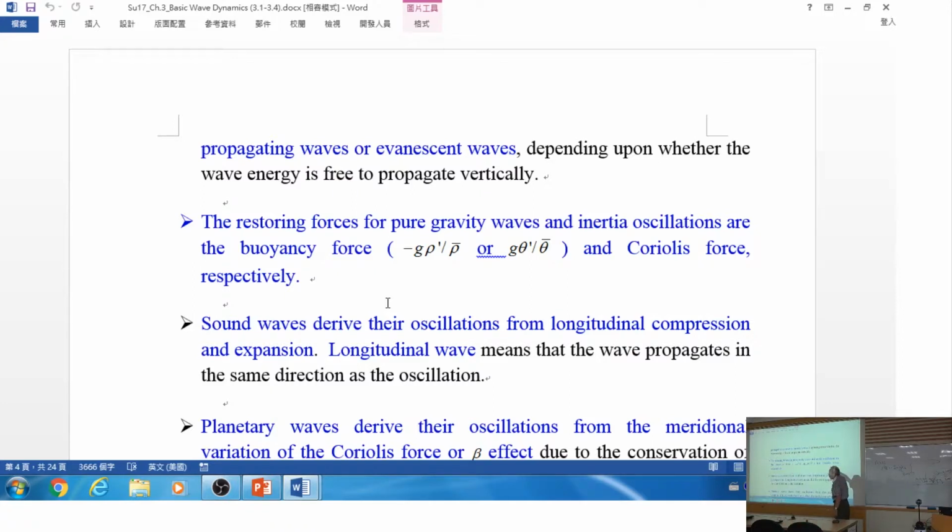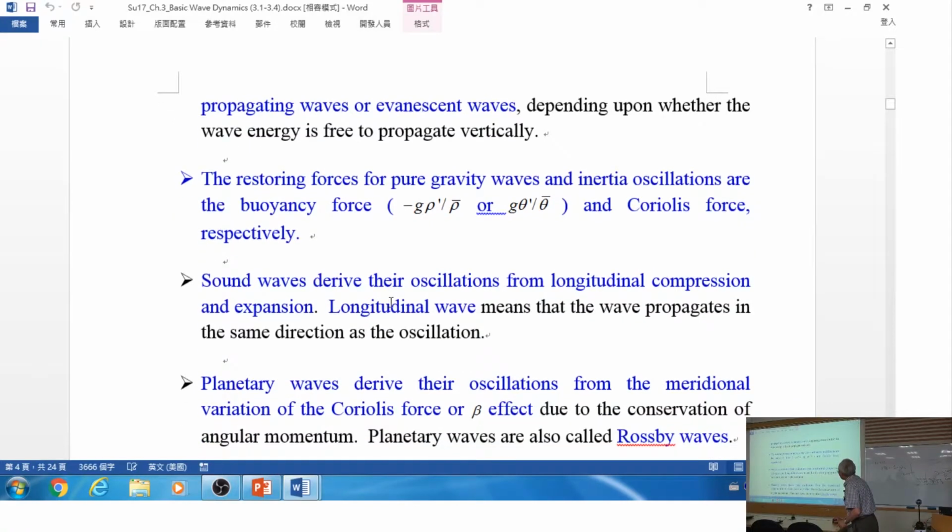The Coriolis force can also be a restoring force for larger-scale flow. Sound waves derive their oscillations from longitudinal compression and expansion. Like a spring, if you compress it, it oscillates and the wave goes out both ways.